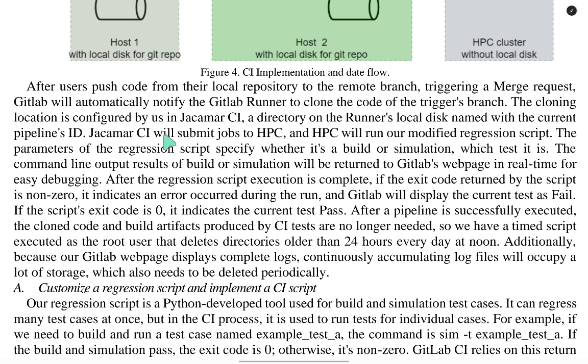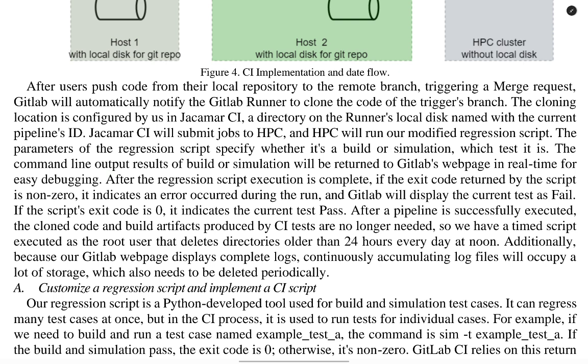Jacamar CI will submit jobs to HPC, and HPC will run our modified regression script. The parameters of the regression script specify whether it shall build or run a simulation, and which test it is. The command line output of the build or simulation will be returned to a GitLab web page in real time for easy debugging.